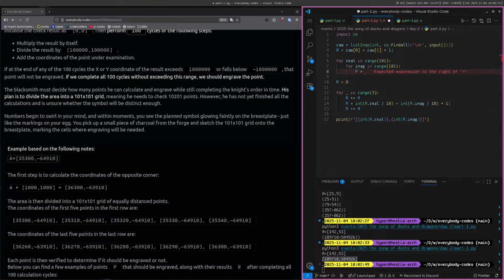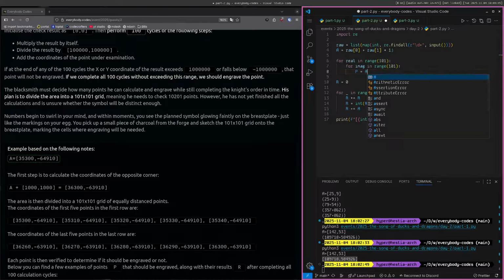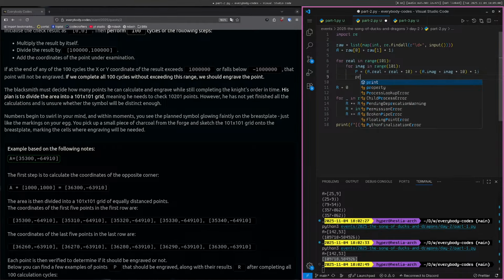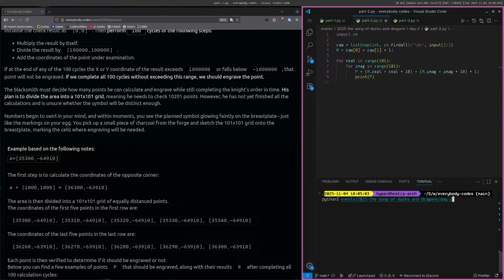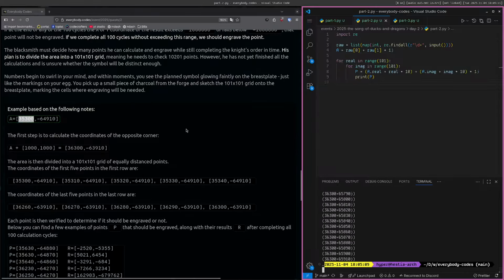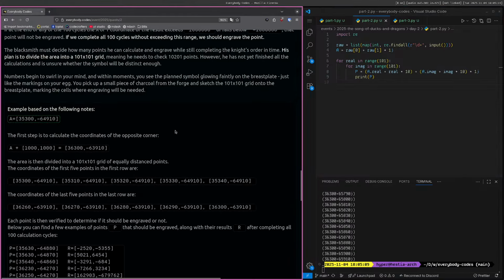The point starts out at a dot real plus real times 10 plus a dot image plus image times 10 times j. I think that's how it works. So we start with that, then that looks roughly correct to me.